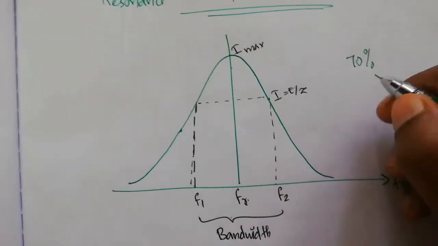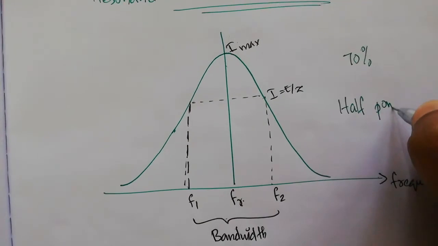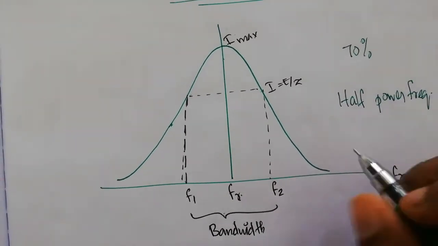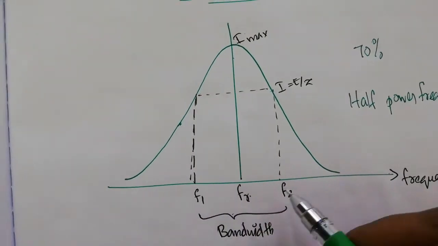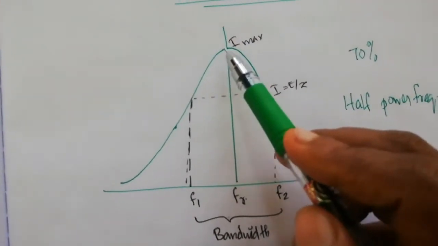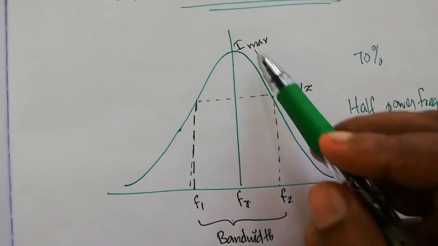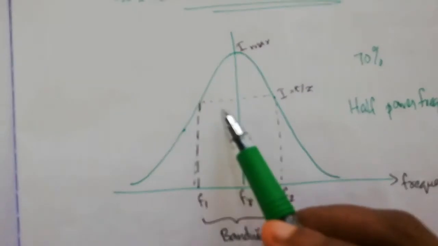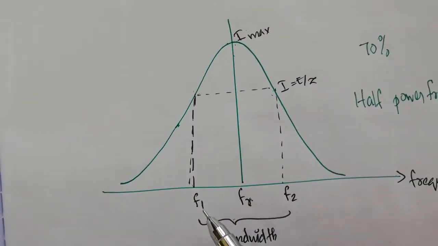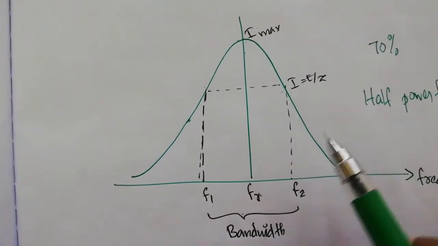These are known as half power frequencies. That is, this F1 and F2 are known as half power frequencies. The I max is at the resonance frequency, the maximum current, and 70% of this maximum current is marked here and here on both sides, and those will be F1 and F2, that are known as half power frequencies.